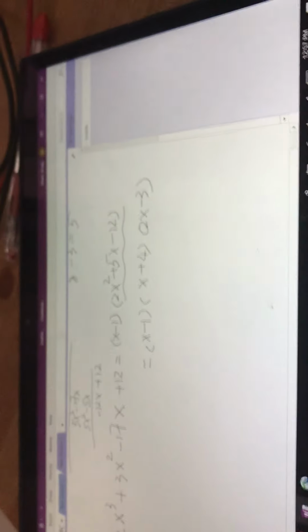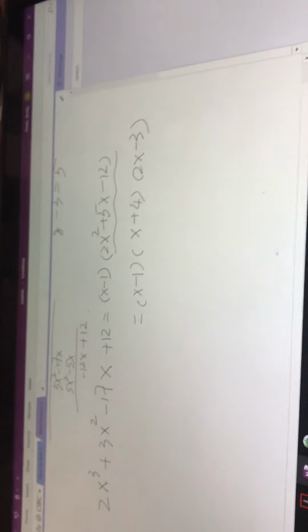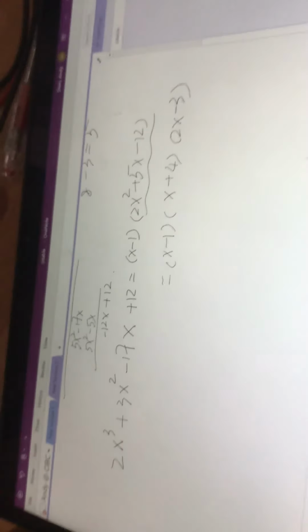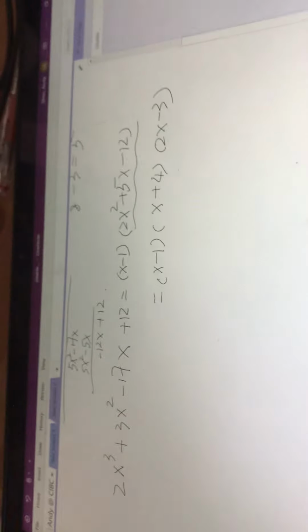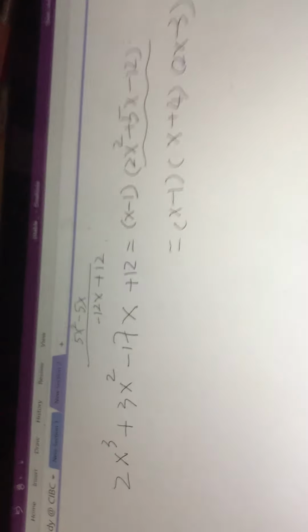Okay, based on this, you have two methods. One method is the table method. The other one is the graph method. I will explain the table method first, then I will do the graph method. The graph method is easier, by the way. So let's do the table method.